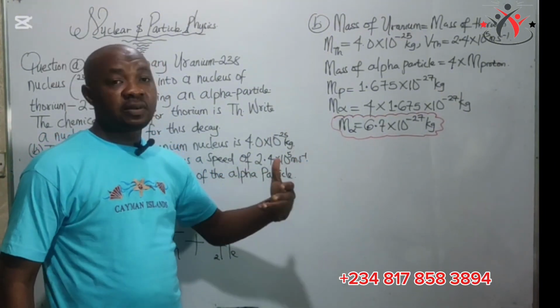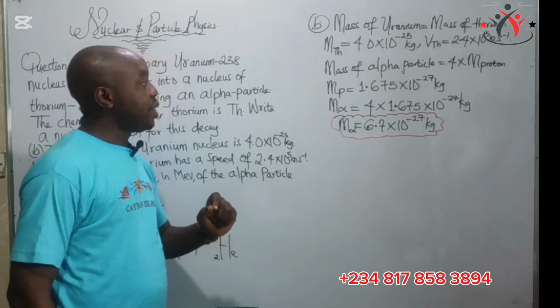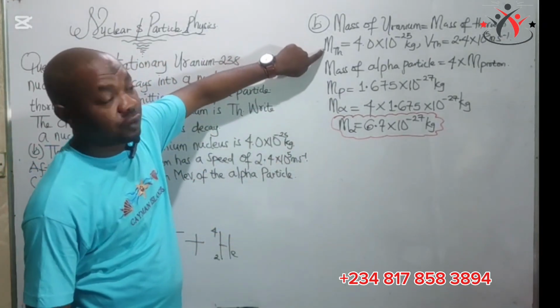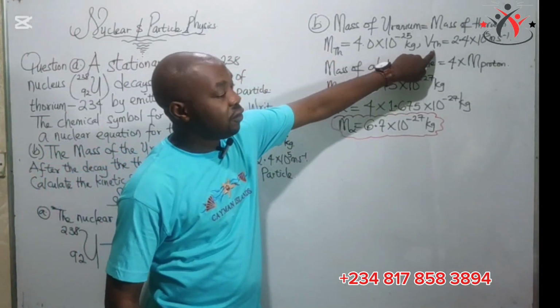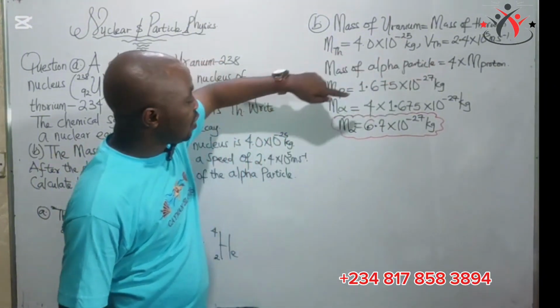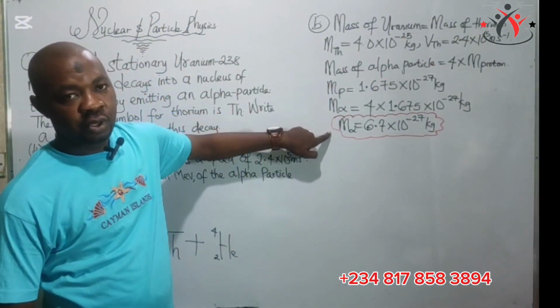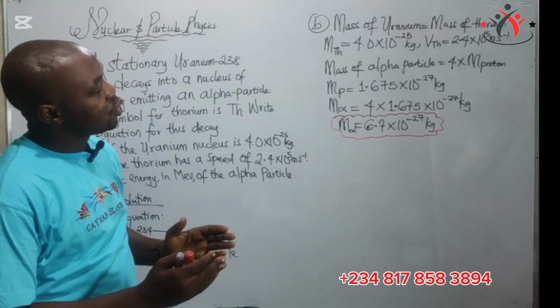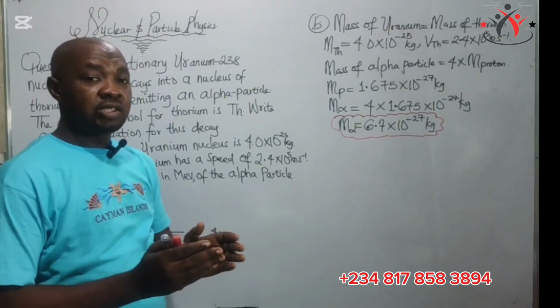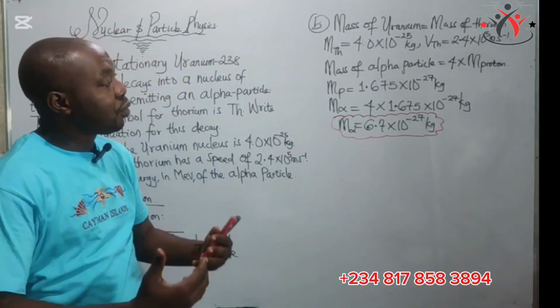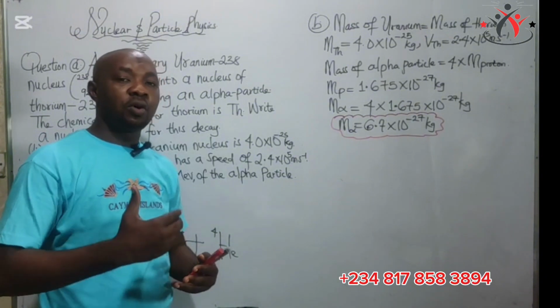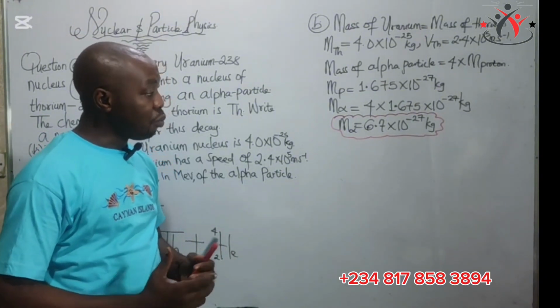To calculate the velocity of the alpha particle, here we have the mass of thorium and also the velocity of thorium, then we have the mass of the alpha particle. So in this case, we employ the principle of conservation of linear momentum.